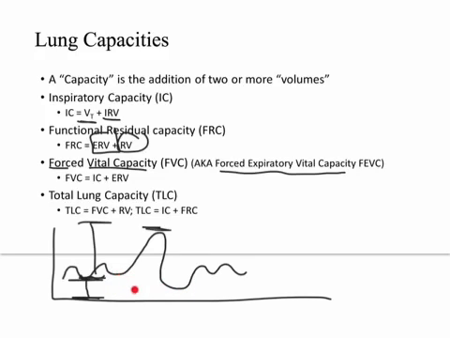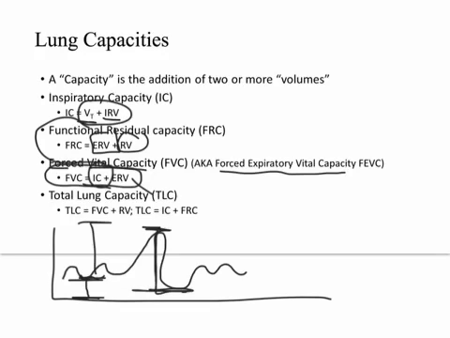So you've got inspiratory capacity plus expiratory reserve volume, or you could replace inspiratory capacity with the tidal volume plus the inspiratory reserve volume plus the expiratory reserve volume. So this would be the forced vital capacity, from the top of the big peak to the bottom of the big peak.